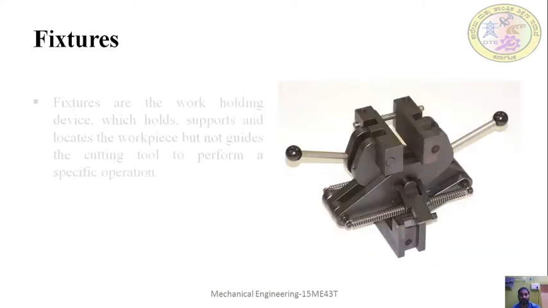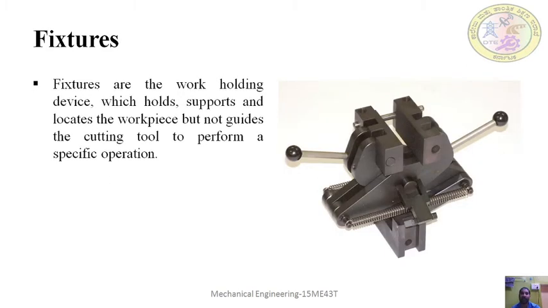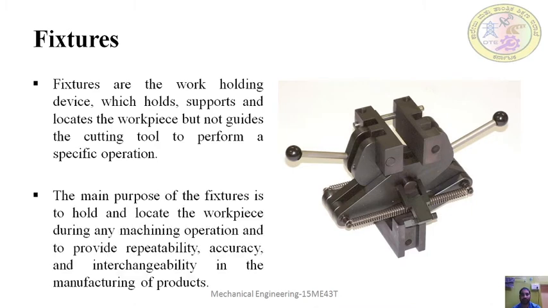A fixture, as the name itself says, is used to fix the workpiece. It will not guide the tool. The main difference between jigs and fixtures is that a jig is used to hold, locate and also guide one or more cutting tools, whereas a fixture is used only for holding the workpiece. It will not guide the tool to perform the operation.